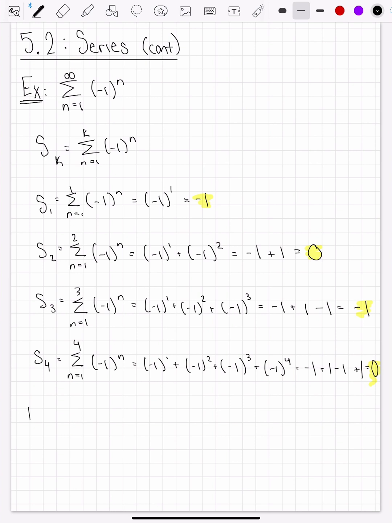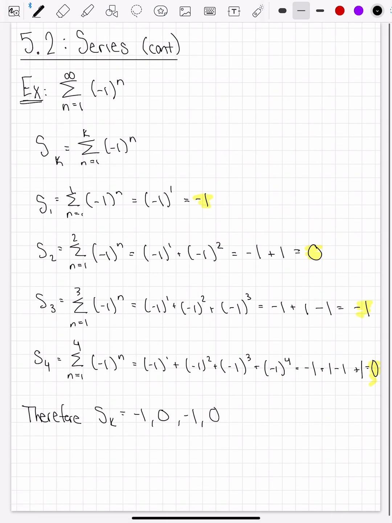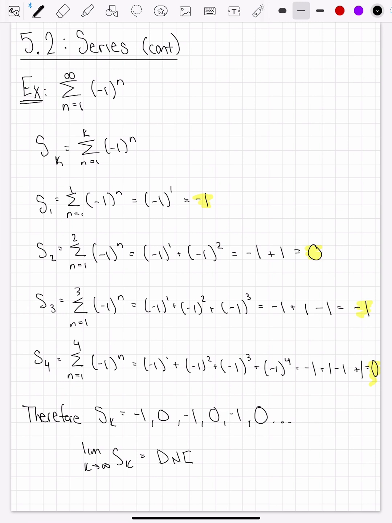So therefore, when we think about the sequence of partial sums, Sk is negative 1, and then it goes to 0, and then negative 1, and then 0, and then negative 1, and then 0, and so on and so forth, forever like that. So if we think about the limit as k goes to infinity of Sk, we see that we're oscillating between 0 and negative 1.